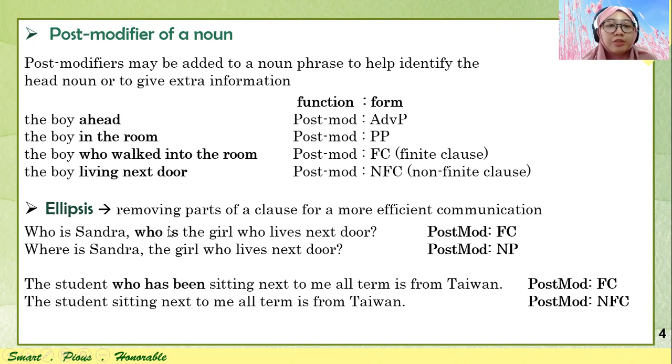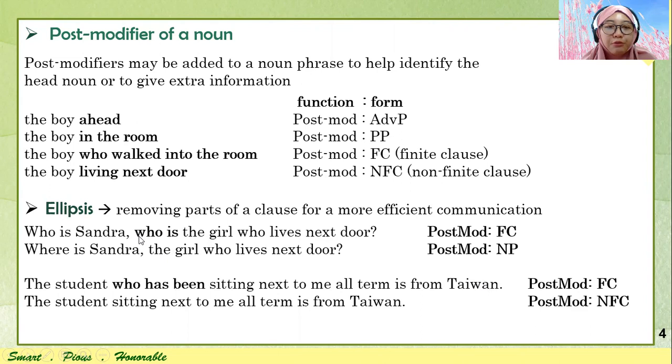So actually, if we want to be really grammatically correct in this sentence, who is Sandra? So Sandra should be explained more. We have to give extra information. So if we want to give extra information, harus ada who is the girl who lives next door. Harus ada who, something like that.